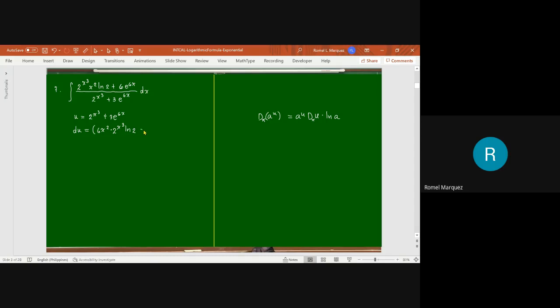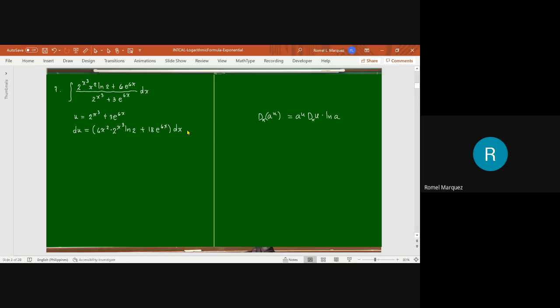So, plus, what about the second term? What's the derivative? 18 e to the 6x. Why 18, guys? 3 times the derivative of 6x, so 18, times e to the 6x. Because we want the differential, we multiply by dx.